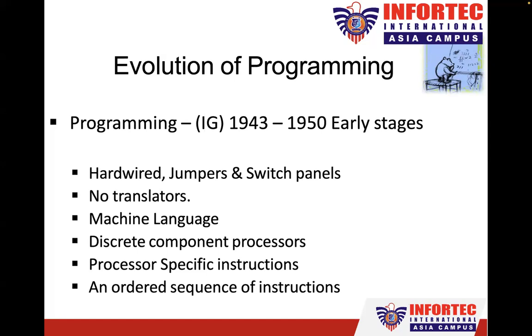In the first generation, we didn't have any translators. What do you mean by translator? Nowadays we write English-like instructions to communicate with the computer. Those words are understandable, even though we don't know the technical meaning. We use keywords like if, else, switch, which are very understandable because we use English-like language.